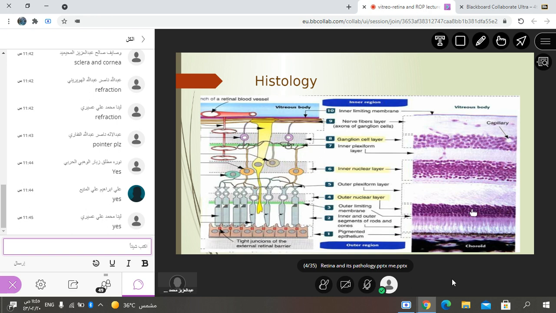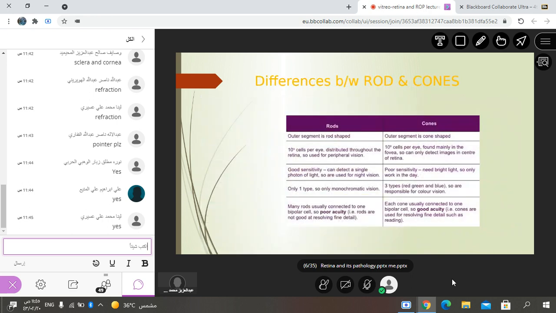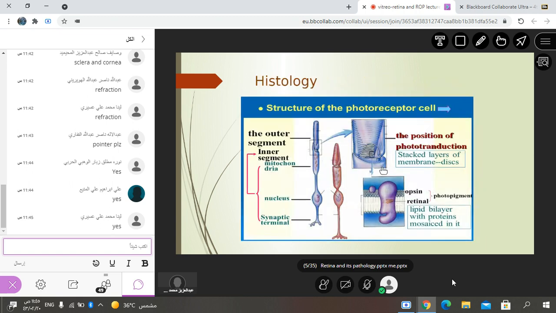The outer nuclear layer is the main part sensing the light, and it is divided into the rods and the cones. We will take the outer nuclear layer, which is very important, formed by two photoreceptor cell types, the cones and the rods. They are named because of the shape of the outer segment.